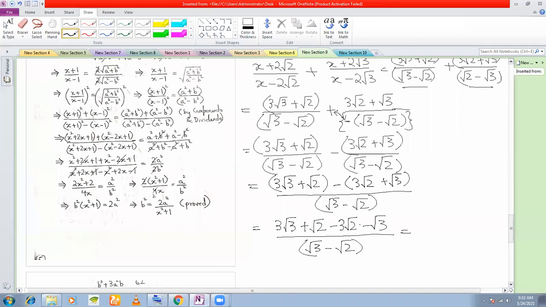Now 3 root 3 minus root 3 will give you 2 root 3, and root 2 minus 3 root 2 will give you a minus 2 root 2, divided by root 3 minus root 2.